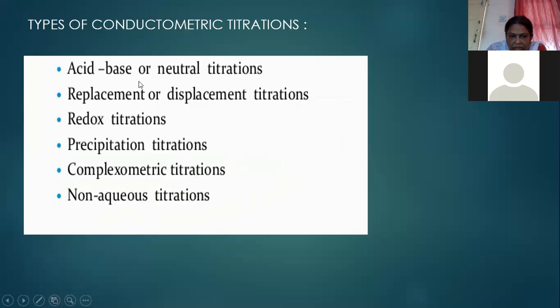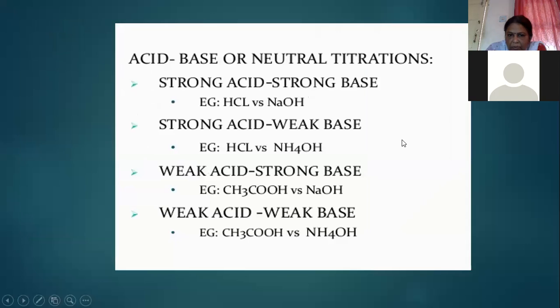Out of these many kinds of titrations, acid base titration is very common. These acid base or neutralization titrations are also of 4 types. That is, this kind of titration can be done between a strong acid and strong base, strong acid and weak base, weak acid and strong base, weak acid and weak base.